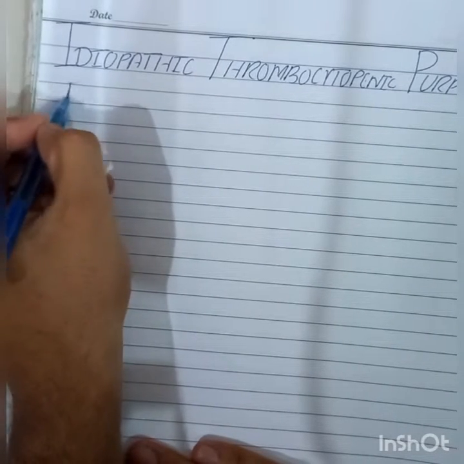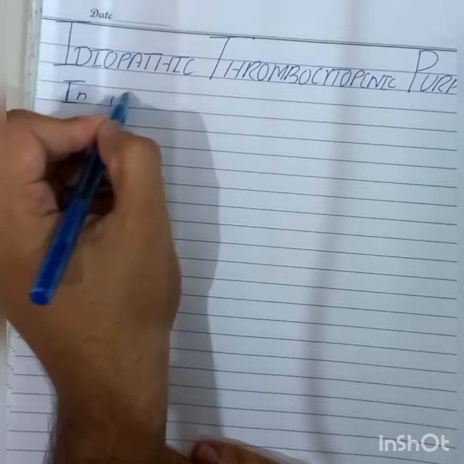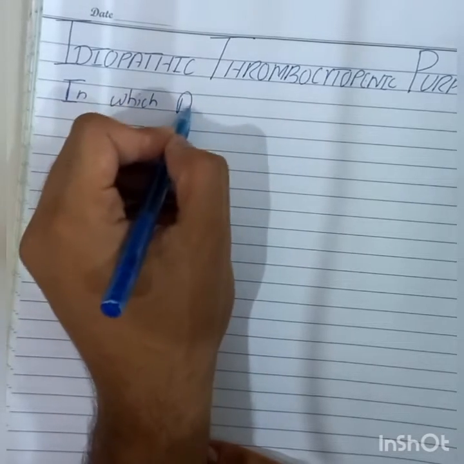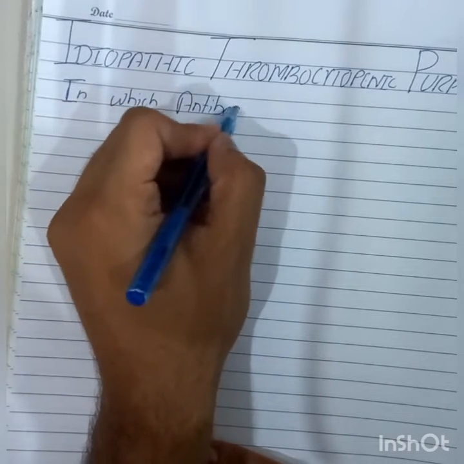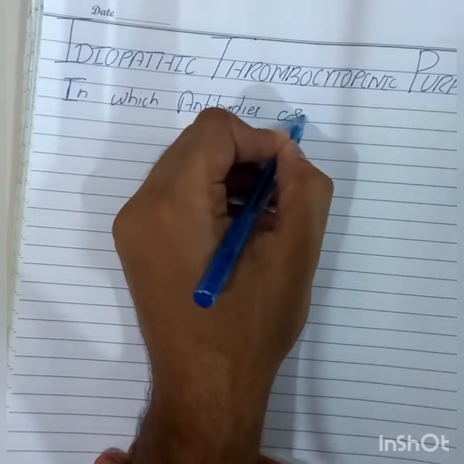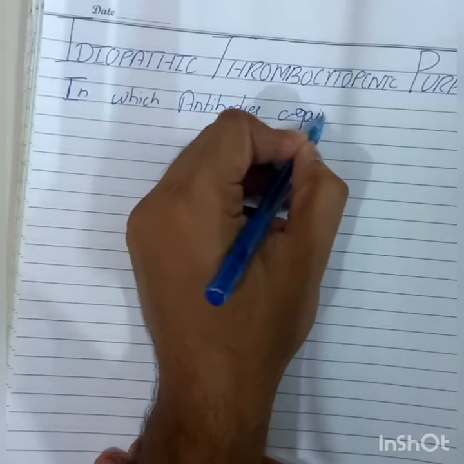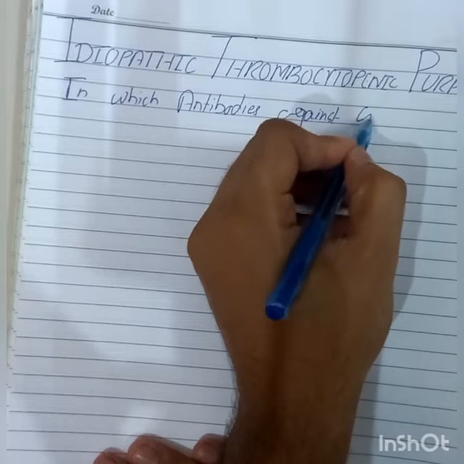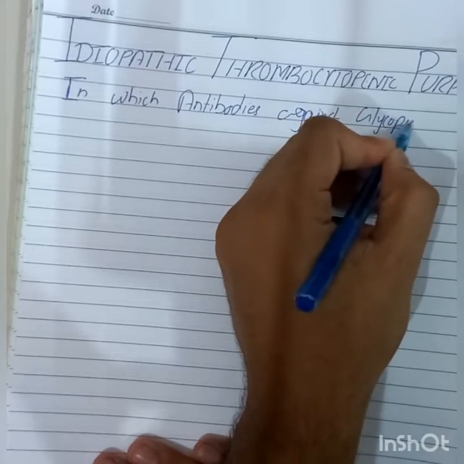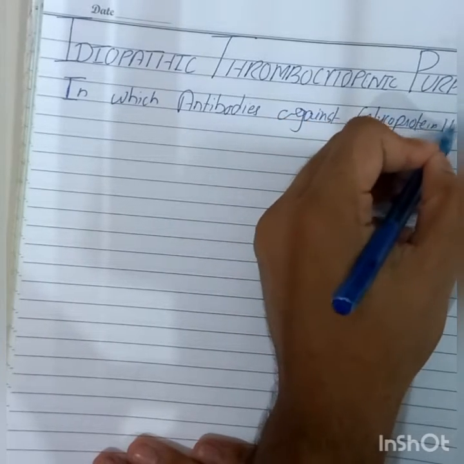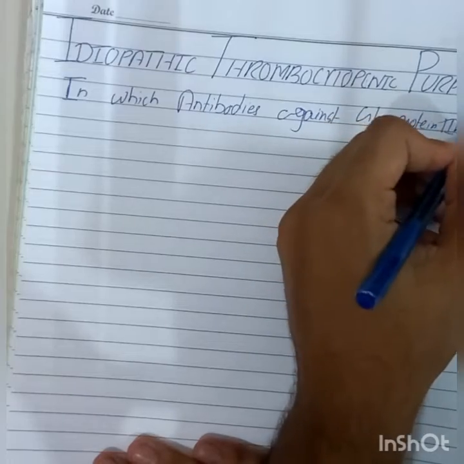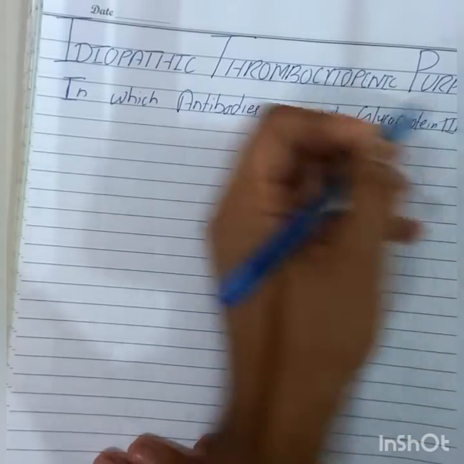in which antibodies are formed against glycoprotein 2b3a receptors.